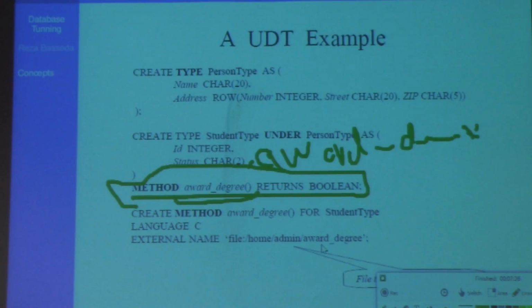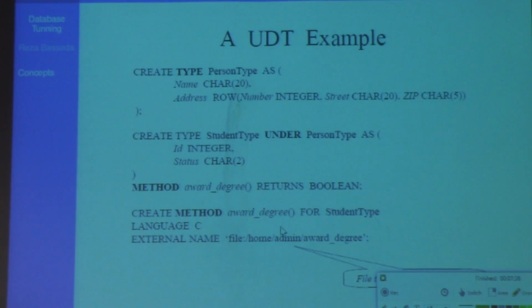You are not adding it over there; you are using it here. Create method award for student type. So you can have several methods, right? We are creating a method here. We are not using it now; we are just defining it.